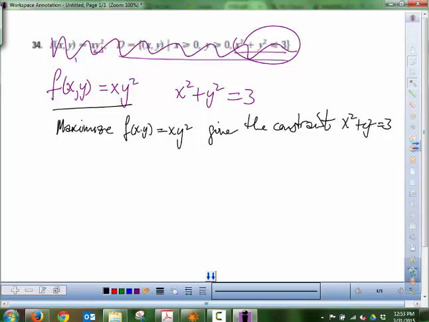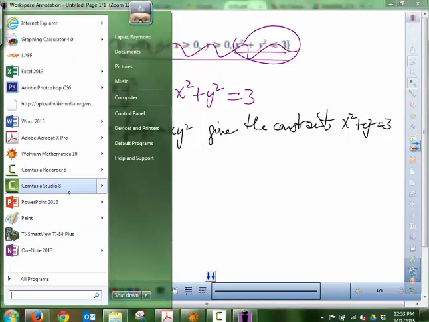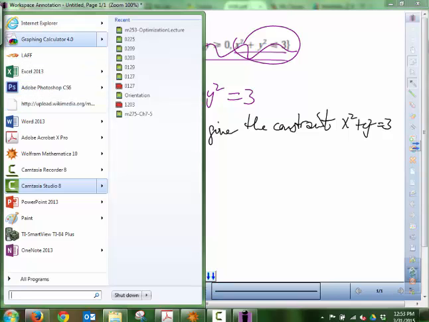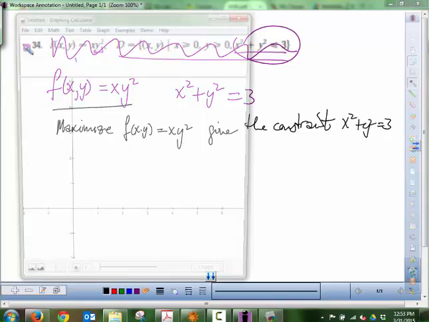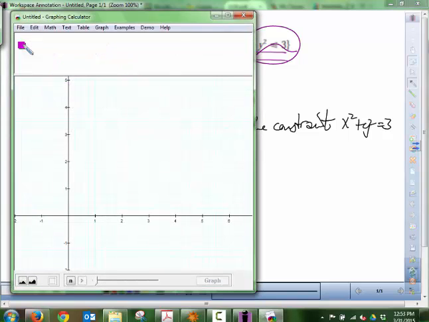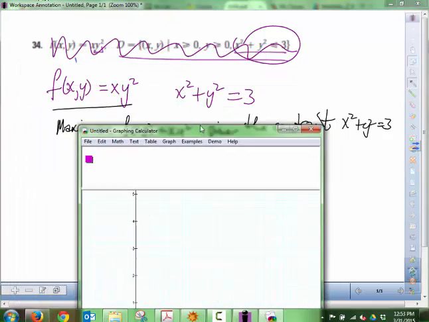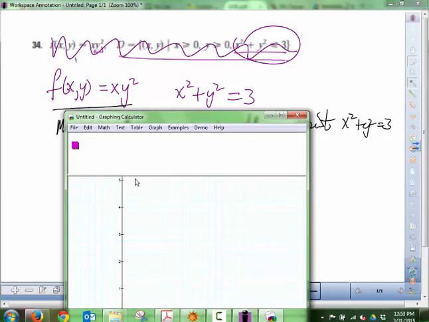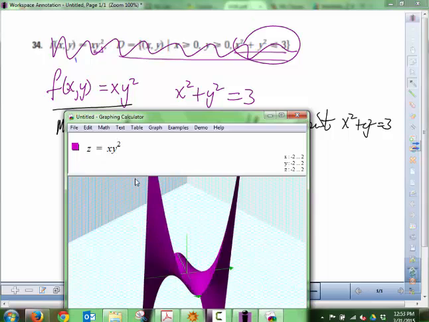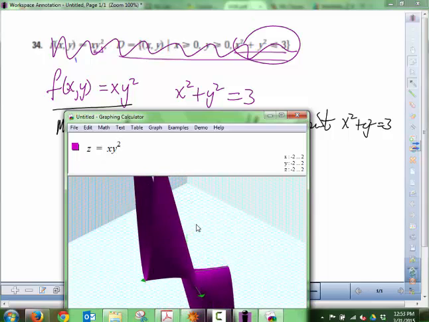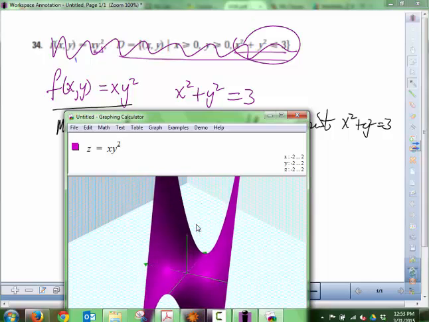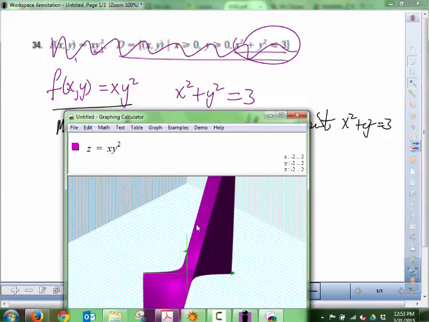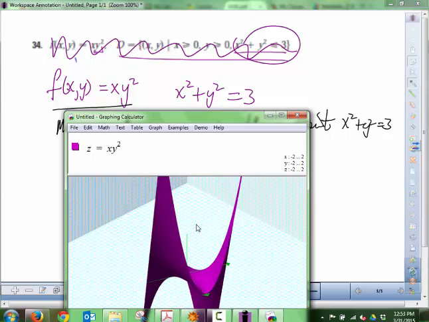Okay, let's see if we can visualize this. I'd like to use a 3D plotter, but the graphing calculator is a lot easier for me to control. So basically, I'm interested in this function, and I want to see what happens to that function, but not the whole function, just restricted to a specific domain.